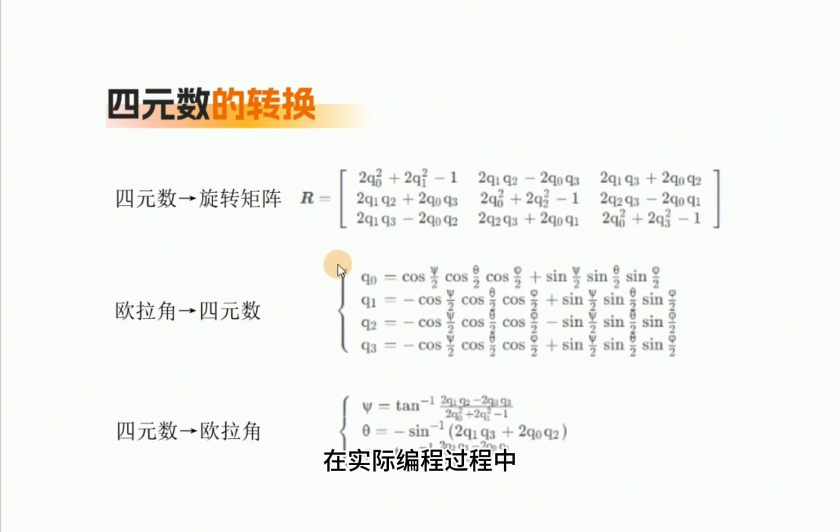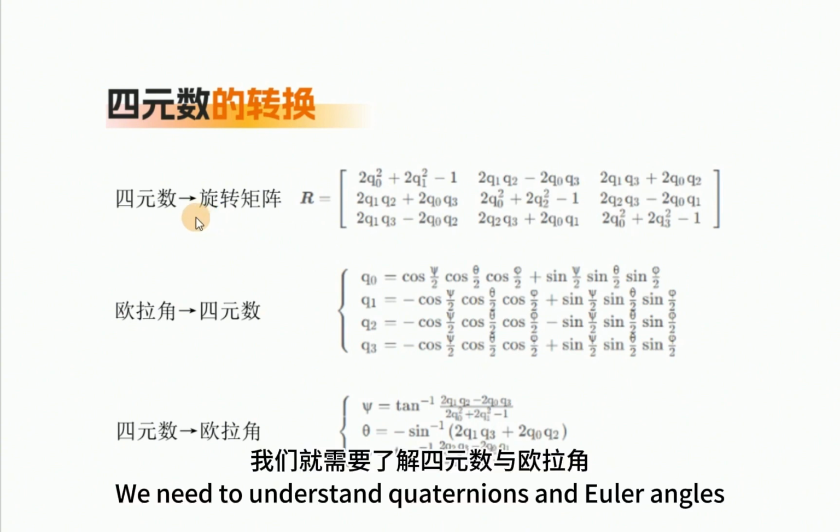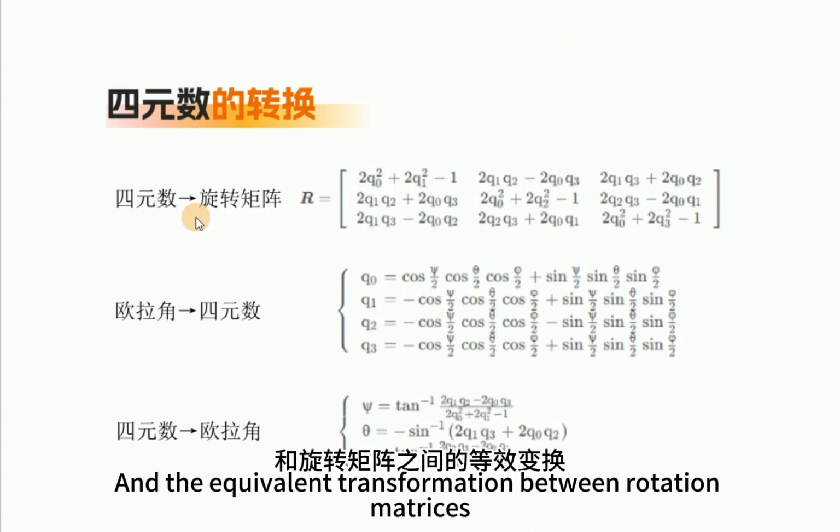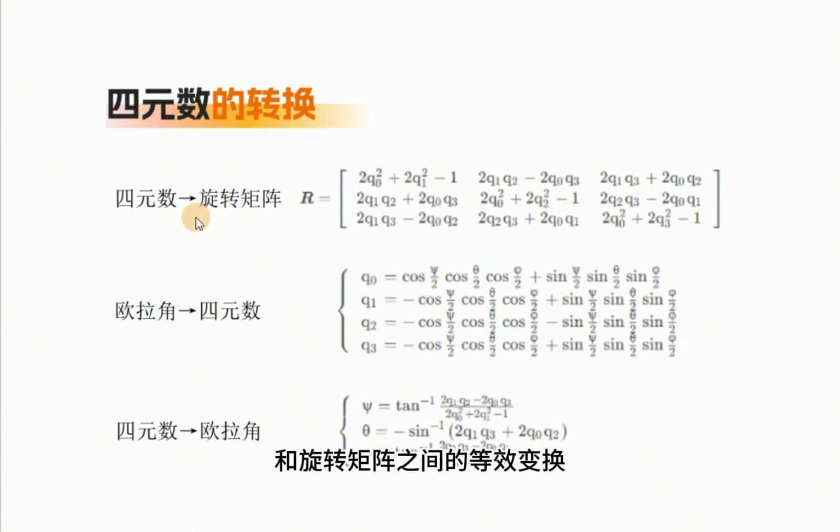So, in the actual programming process, how are quaternions used? We need to understand the equivalent transformation between quaternions, Euler angles, and rotation matrices.